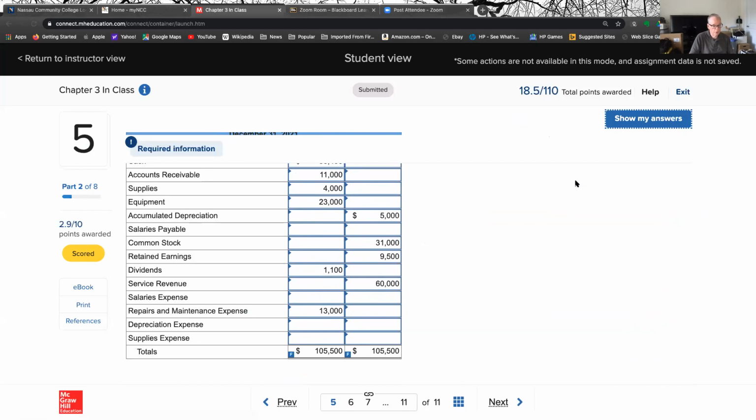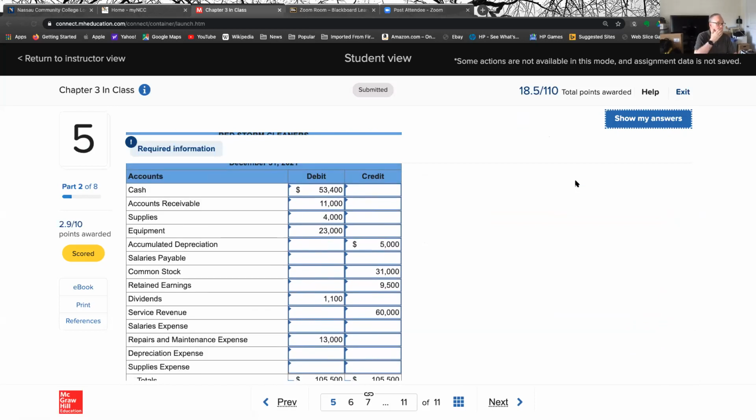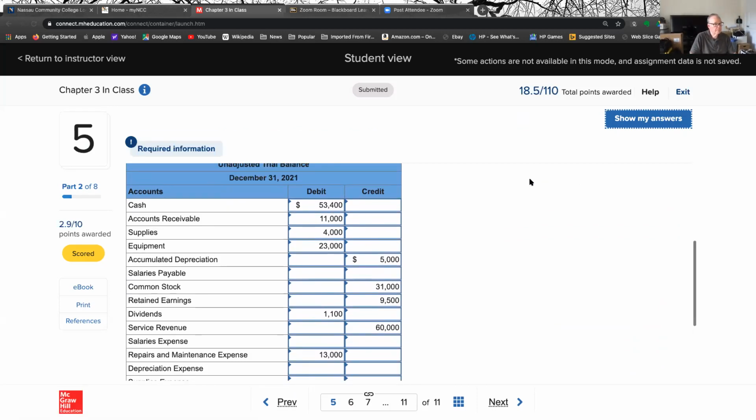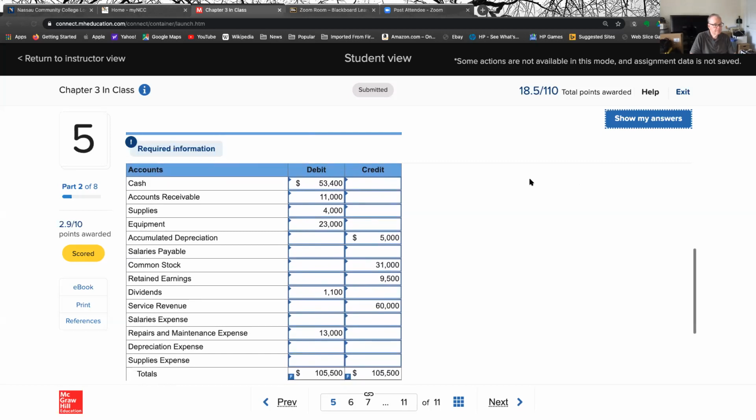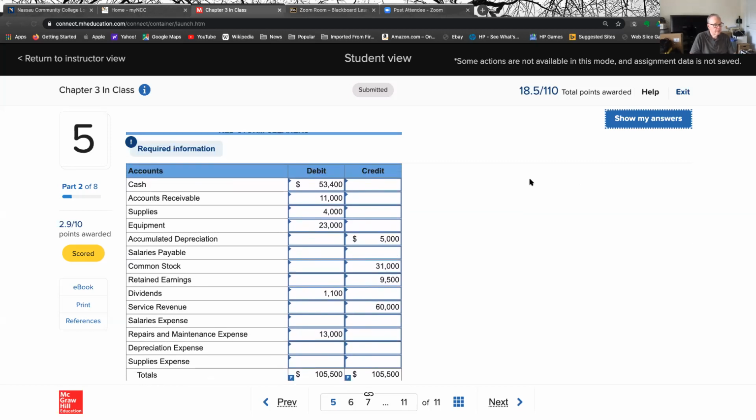Right? So these were the numbers that were in the accounts. Right, so the debits equal the credits. That's the purpose of the trial balance.